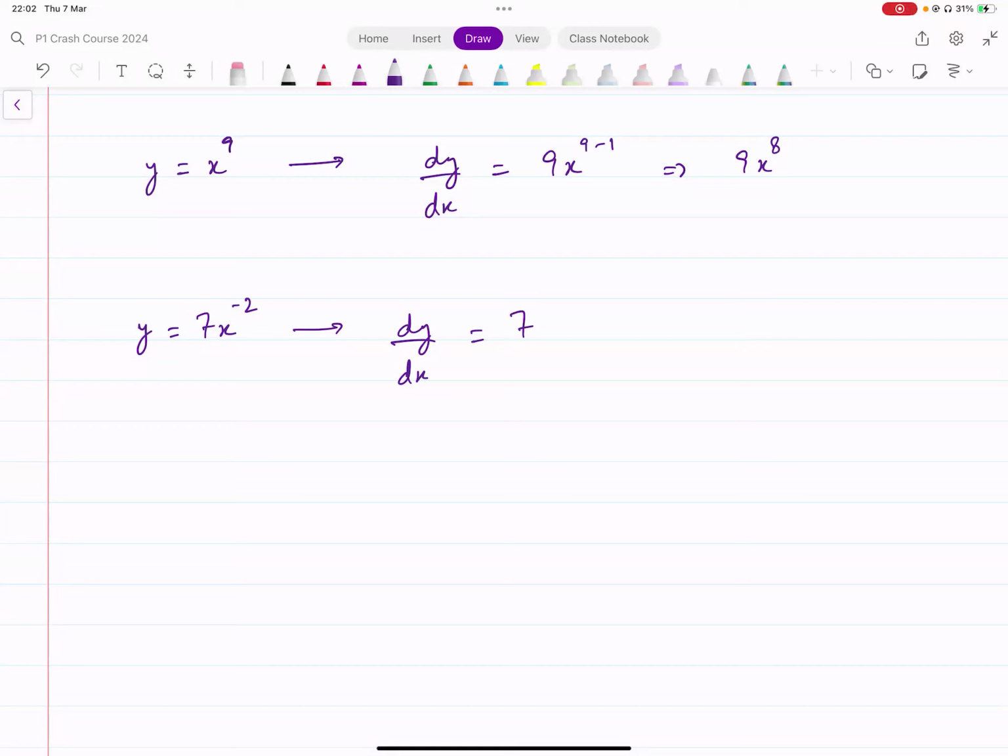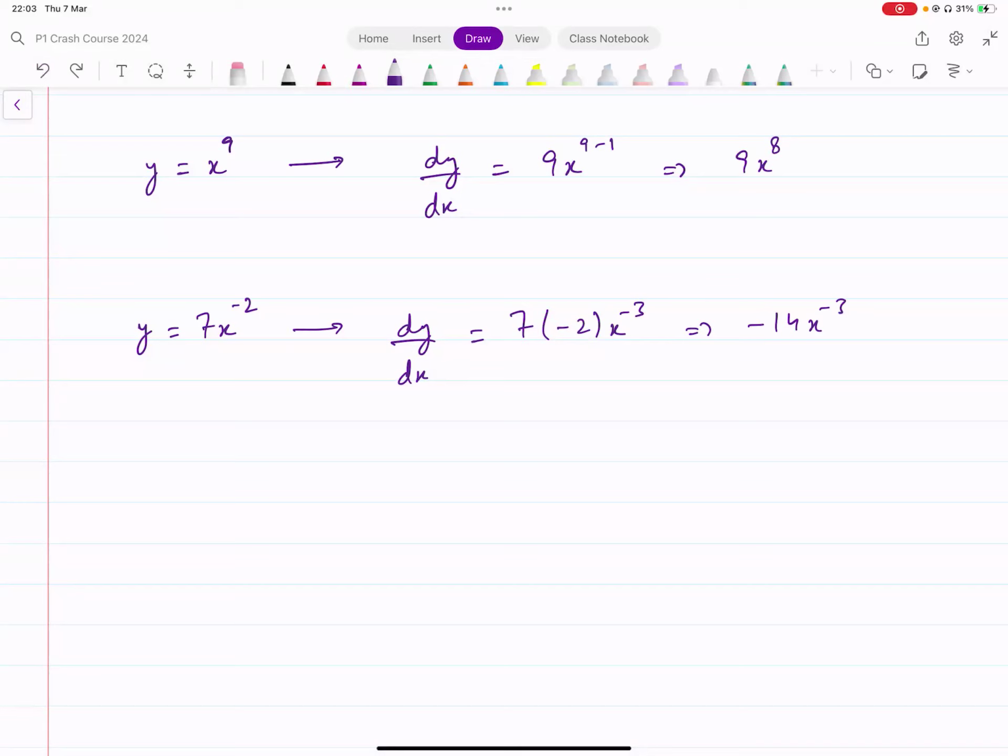And then on this part, you apply the power rule. Multiply by the power, so you multiply by minus 2. Subtract 1 from the power, so it becomes x raised to the power minus 2 minus 1, which is minus 3. This gives you minus 14 x raised to the power minus 3. If you want, you can write it as minus 14 over x cube as well. And that will be your derivative.